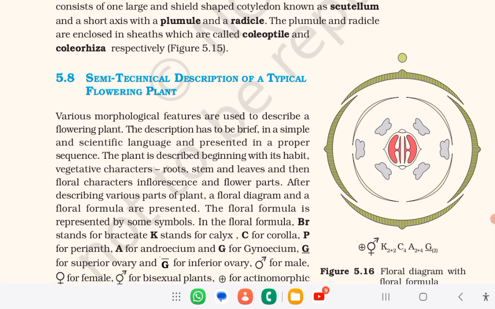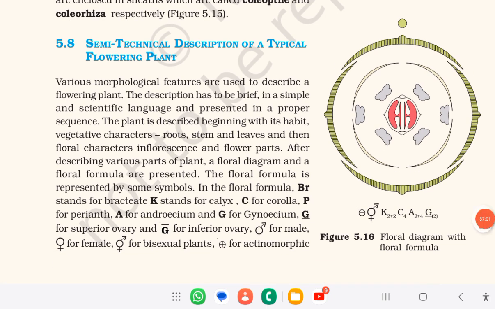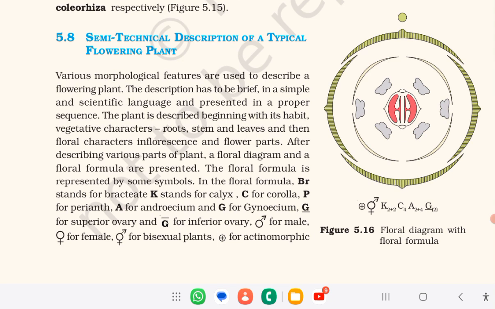5.8 Semi-technical description of a typical flowering plant. Various morphological features are used to describe a flowering plant. The description has to be brief, in simple and scientific language, and presented in a proper sequence.